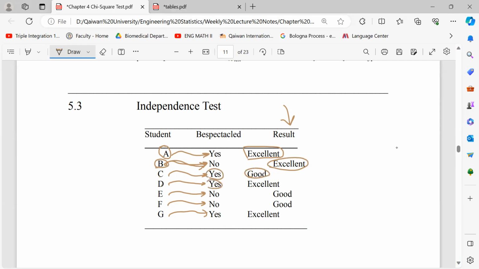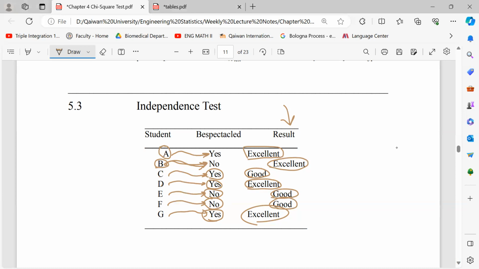D wears glasses, got excellent. E doesn't wear glasses, got good. F doesn't wear glasses, got good. And finally, student G wears glasses and got excellent. We have 2 categories here: wearing glasses or not, and their grade. Their grade is excellent or good. We have only 2 options in their grades.